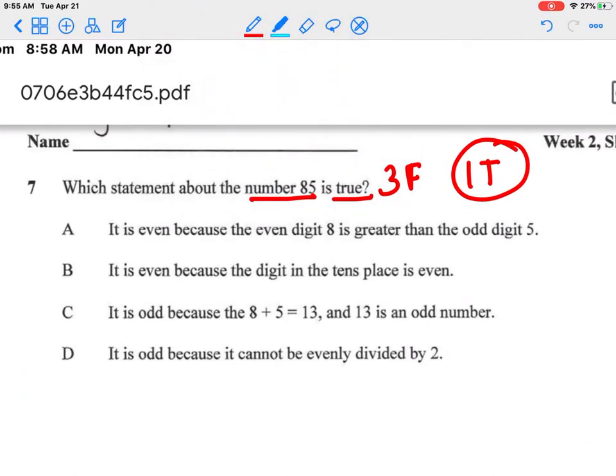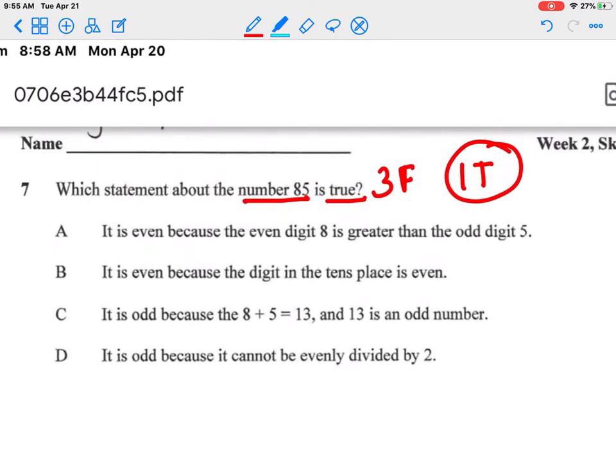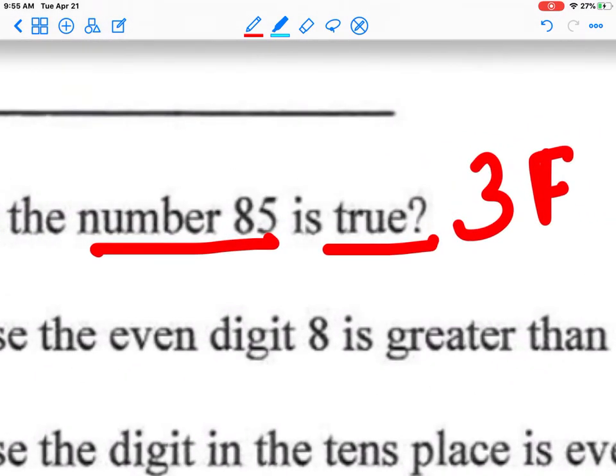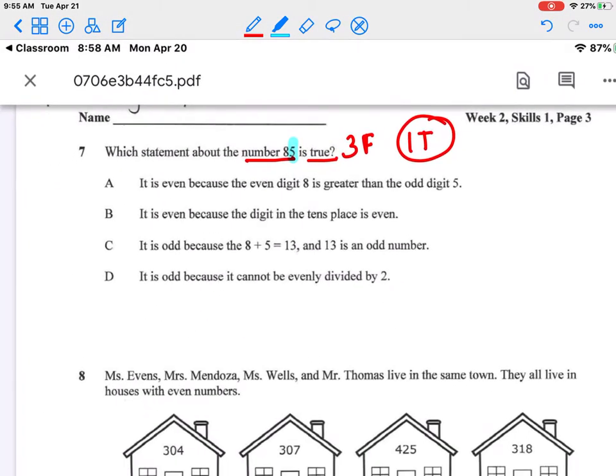Answer choice A. It is even. Oh, so they're going to be asking me if it's even or odd. So let me look at my number 85, and I know I'm going to look at the ones place, and I know that I need my Leo.